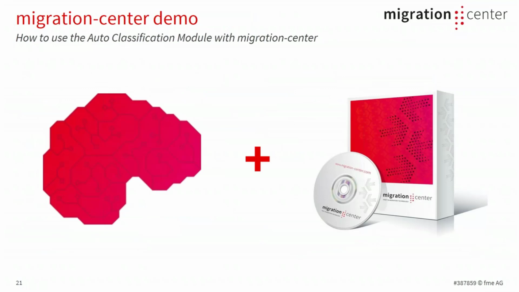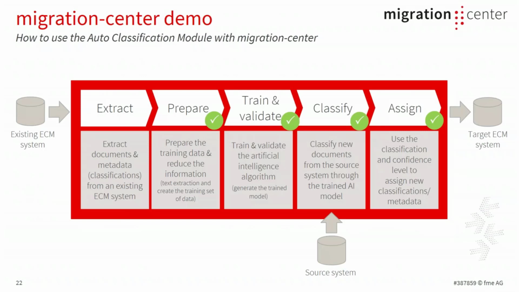Okay, so now it's time to switch to the live demo and see how our auto classification module with Migration Center works. Before we start the demonstration, let me give you an idea of what we're trying to show you here. We will not show you how to extract the data, as we prepared the extraction already.